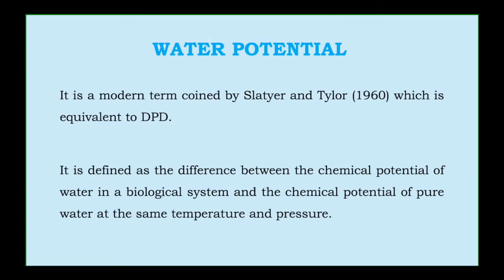The water potential. It is a modern term coined by Slatyer and Taylor in 1960, which is equivalent to diffusion pressure deficit. It is defined as the difference between the chemical potential of water in a biological system and the chemical potential of pure water at the same temperature and pressure.